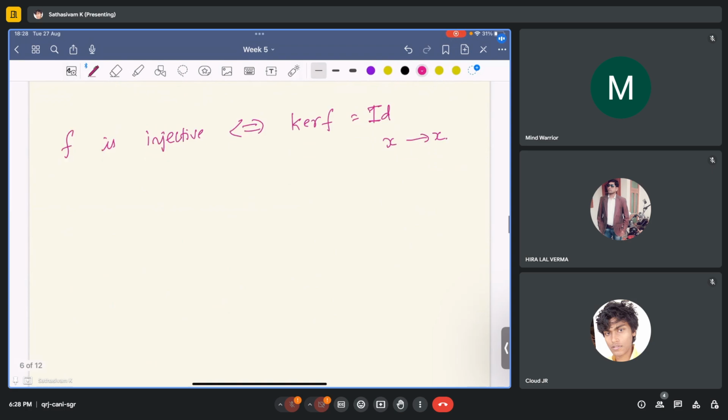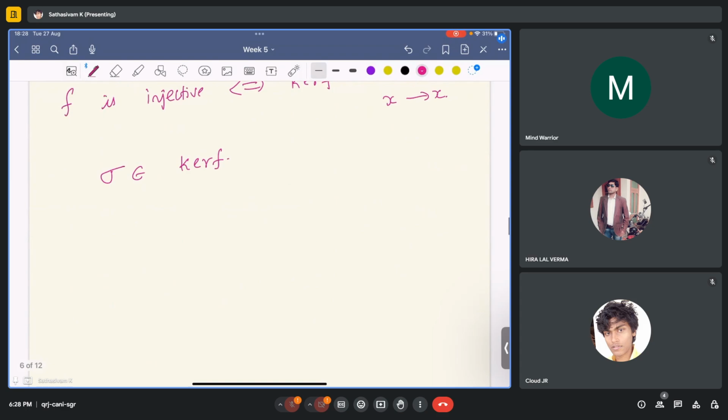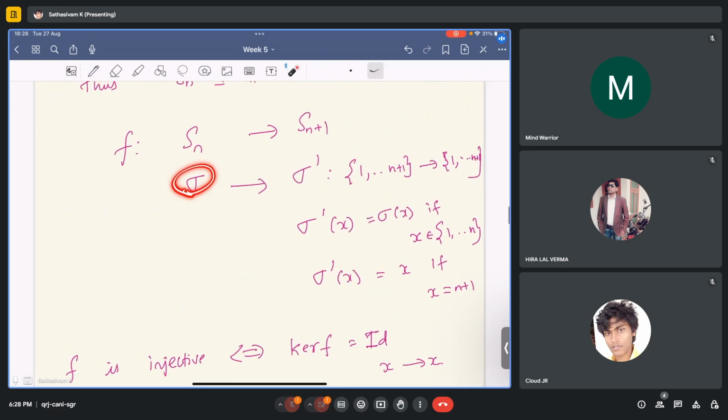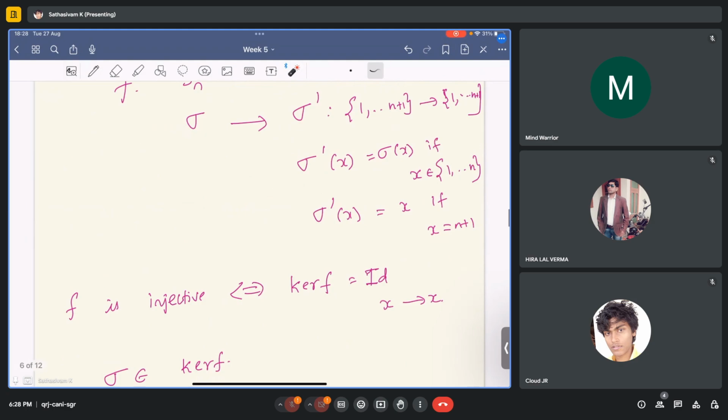Suppose sigma belongs to the kernel of f. That means sigma prime is equal to 1, so sigma prime is equal to identity. So if sigma belongs to the kernel, the sigma prime is identity. Sigma prime is identity means that when you write sigma prime of x, you have to get x.